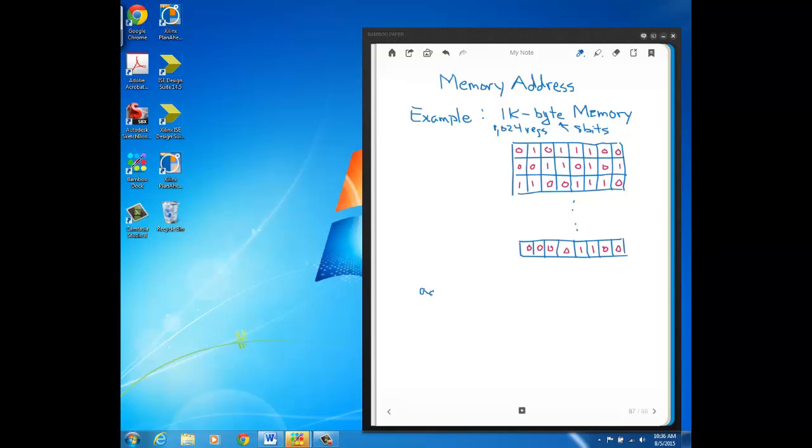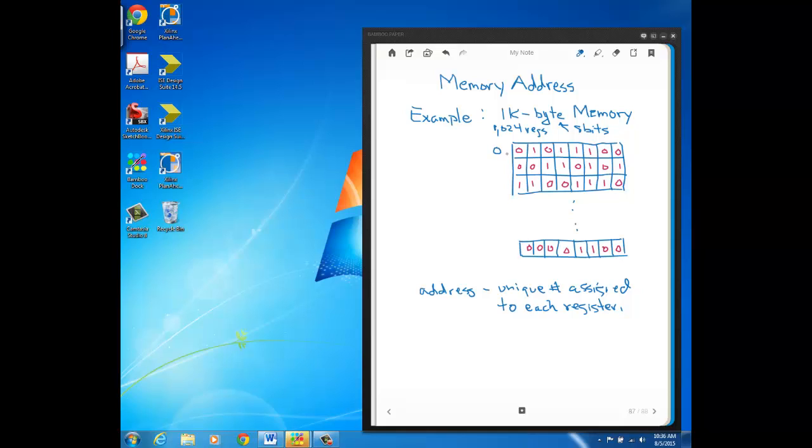Okay, so let's write that down because sometimes there's confusion about this. Okay, an address is a unique number that's assigned to each register. And we always start with address 0.